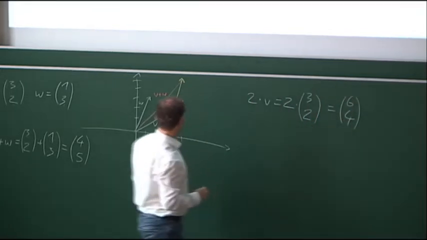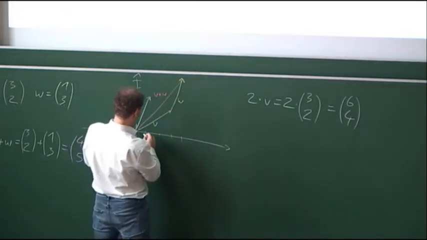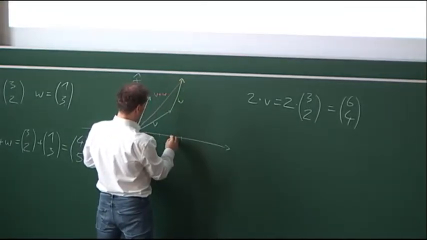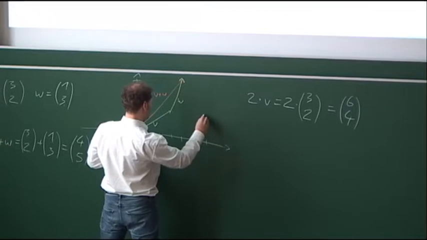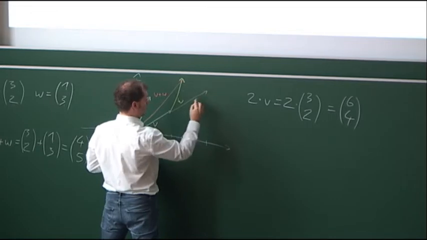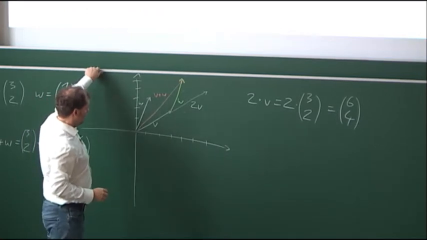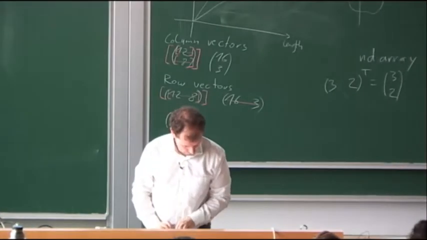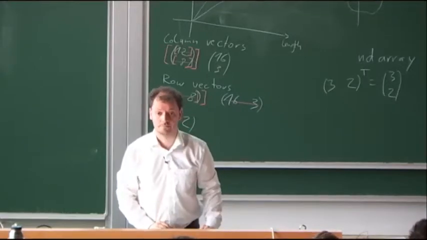Visually, you just stretch this vector v. v was 3 to the right and 2 up, and if I stretch it to twice the length, I go 3 more to the right and 2 more up. So I just make it longer. So this is 2v. We can do that in Python. We can just say 2 times v as the vector 6, 4.